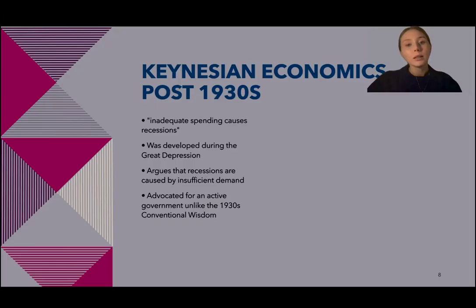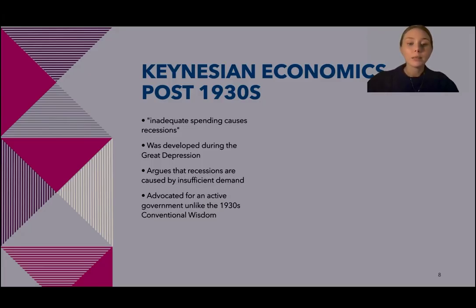So then we move into Keynesian economics. John Maynard Keynes came along and introduced this way of thinking, and it completely changed economic policies. He argued that recessions are caused by inadequate spending, which he called low aggregate demand.